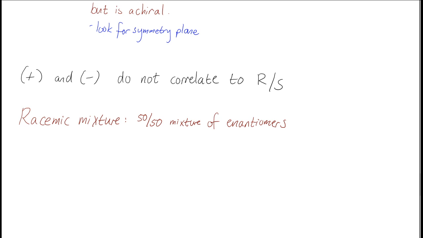So you start with something that's achiral, and you produce a stereocenter as a result of a reaction. But generally what you're going to do is produce a 50-50 mix of the two possible enantiomers, because with the reactions we're going to look at, there's not a good way of controlling which side the particular thing is going to add on, so you're going to end up getting the R and the S. And that's called a racemic mixture. That's generally what you'll get with these products, unless you do very special chemistry that allows you to pick one stereoisomer over the other.